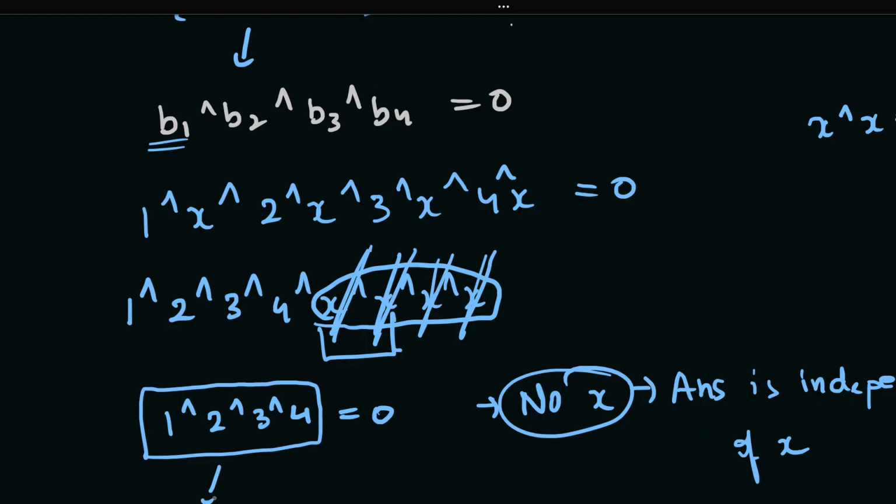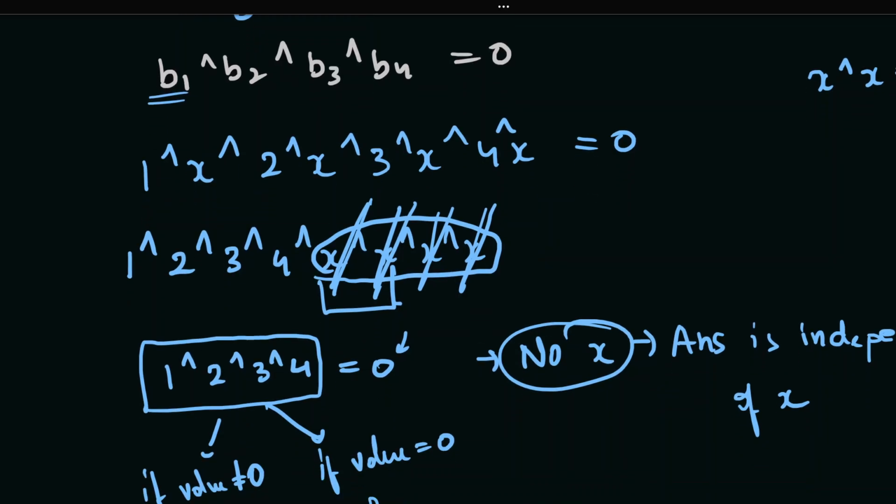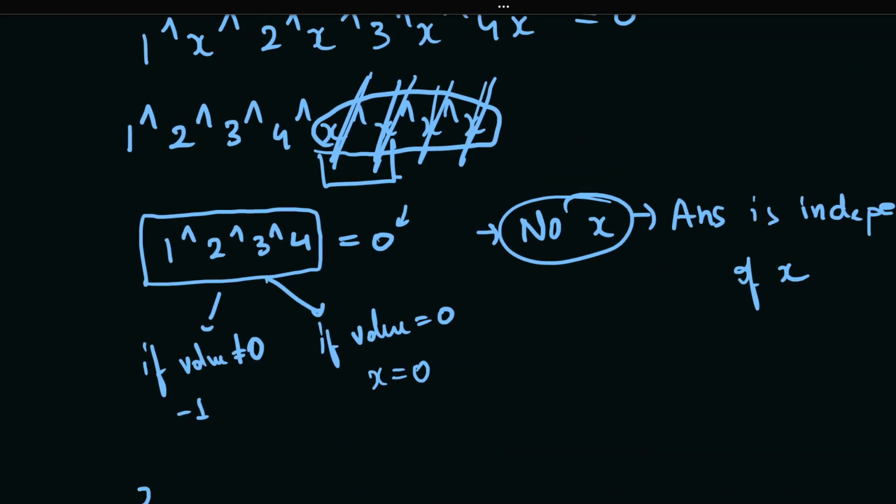If this value is not equal to 0, then the answer will be -1, because we want it to be 0. If it comes out to be 0, then the value of x would be 0. But you might ask me, x is not there, right? But anything XOR 0 will be the same element.